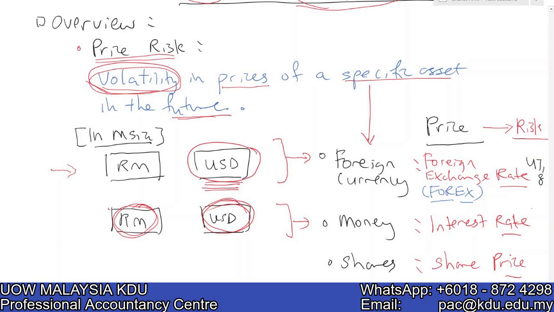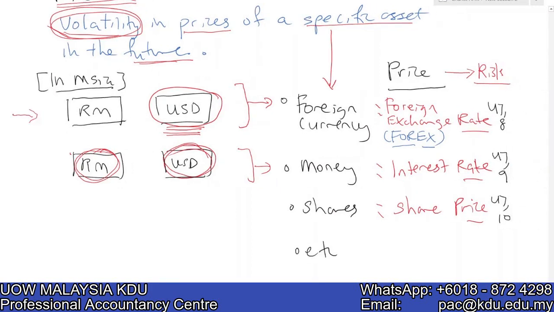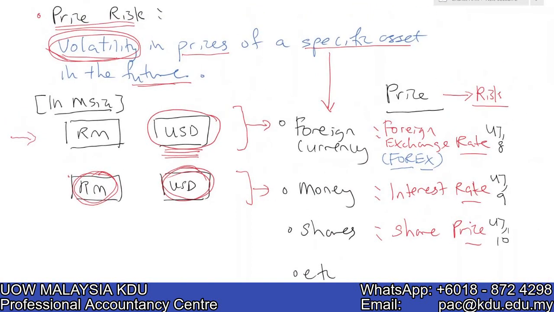For interest rate, we are going to cover in chapter 7 and 9. For share price, we will cover in chapter 7 and 10. So we will have a more in-depth discussion about price risk on the 3 items of assets in the respective chapters that you see on the screen right now. So that basically gives you a very brief explanation of the 3 areas of price risk that we are looking at.